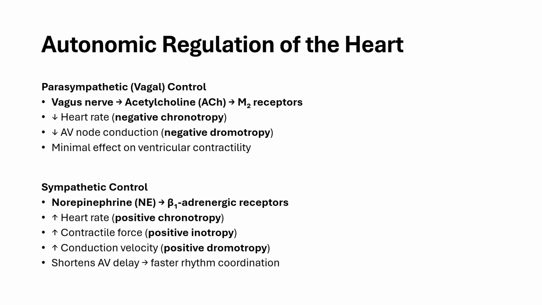When the body needs to respond, say during exercise, stress or excitement, the sympathetic system takes the lead. Here, norepinephrine acts on beta-1 receptors in both nodal and ventricular tissue.